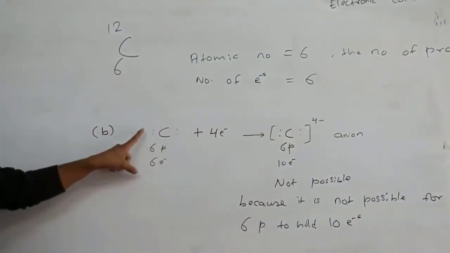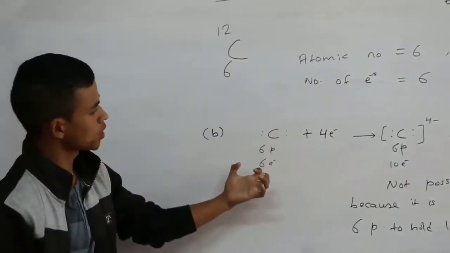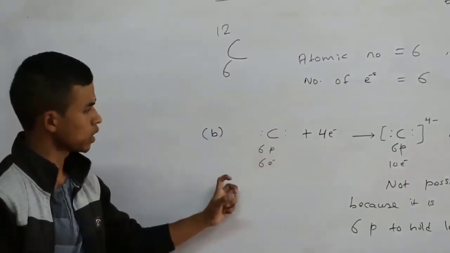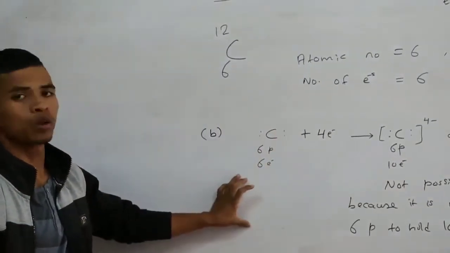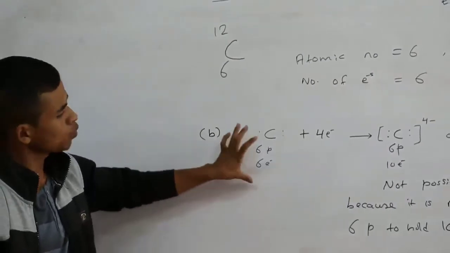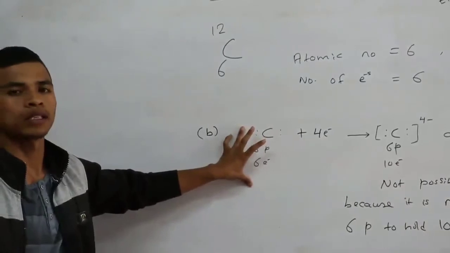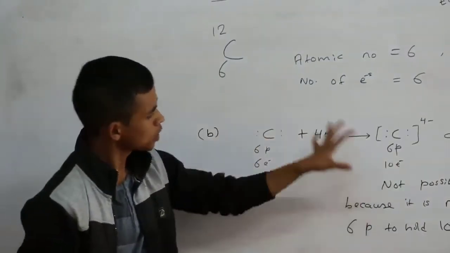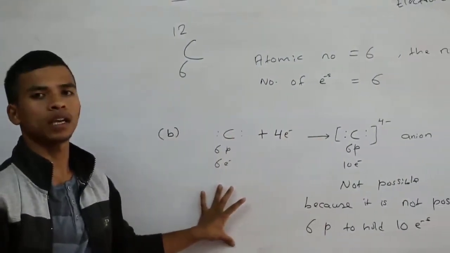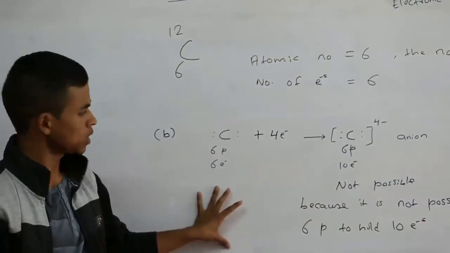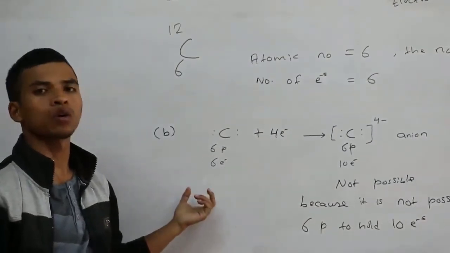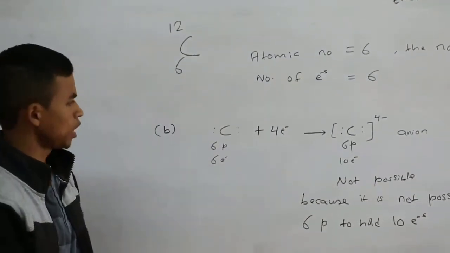So carbon can neither gain electrons, and in the previous case it cannot lose electrons either. So how does carbon form a bond with other elements? Carbon overcomes this problem by sharing of electrons. That is, it undergoes covalent bonding with other elements.